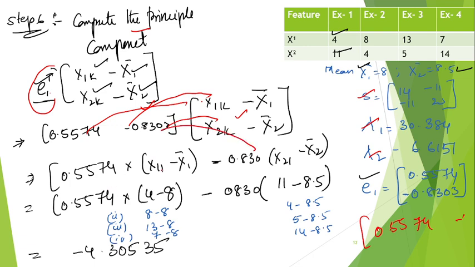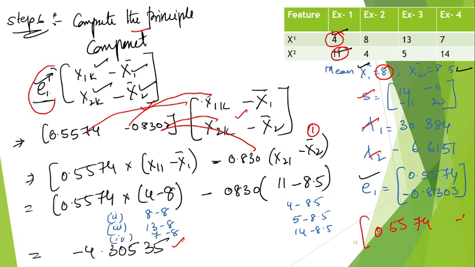Correct? What is x11? 4. What is x bar? 8. Correct? Now this one, x21, what is this? 11 minus 8.5. This is for one value. I've got 4.3. Correct?